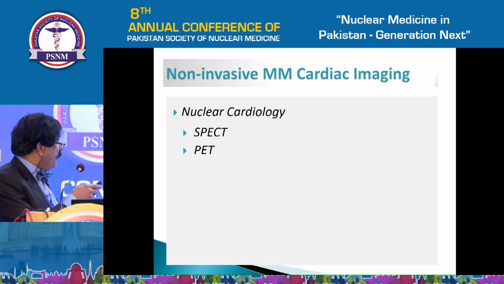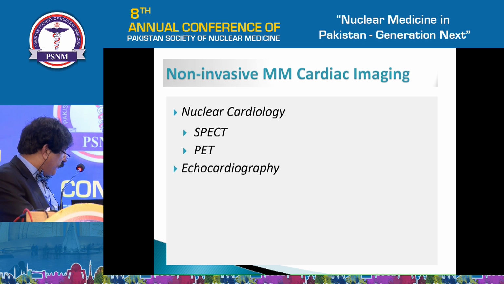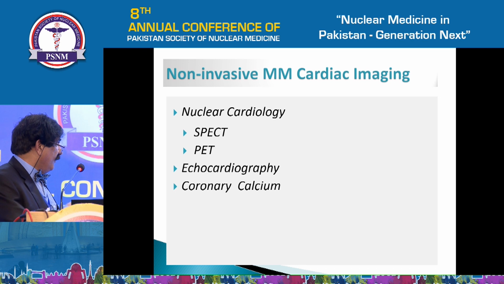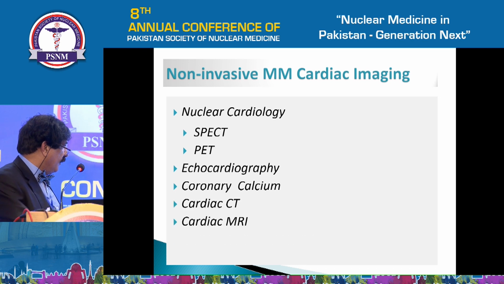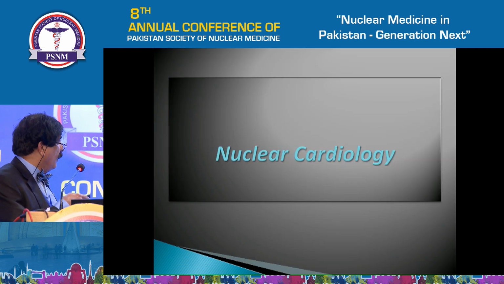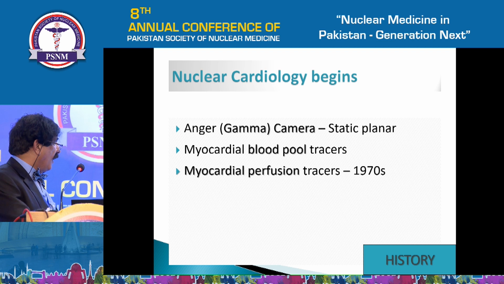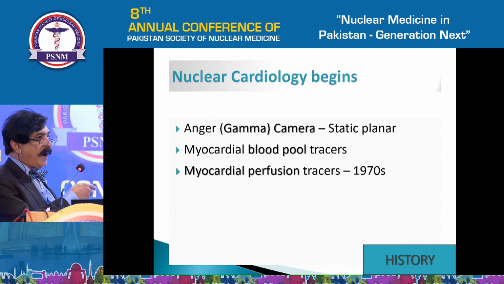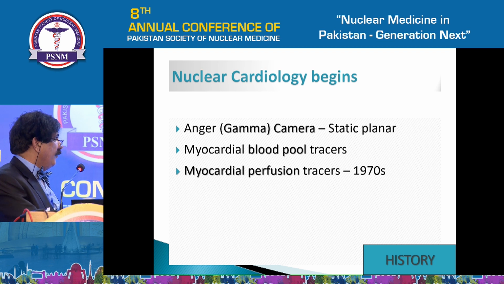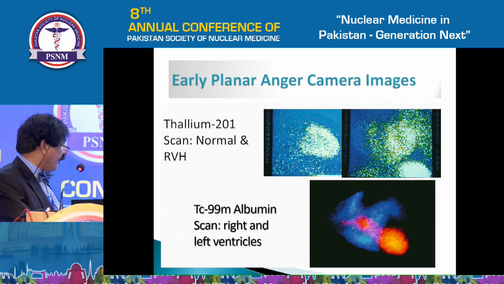Non-invasive cardiology imaging started with nuclear cardiology first, which is currently SPECT and PET. There is echocardiography, calcium scoring, cardiac CT, cardiac MRI, and ultrasound. So nuclear cardiology started with the advent of the gamma cameras, the angiogram camera, and then we had the myocardial blood pool tracers labeled RBCs and HSA, and we went in the 1970s through the introduction of the myocardial perfusion tracers.